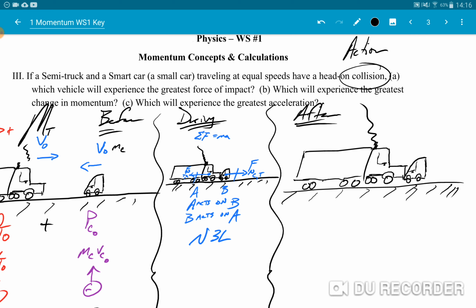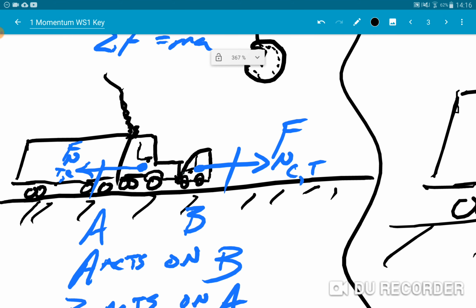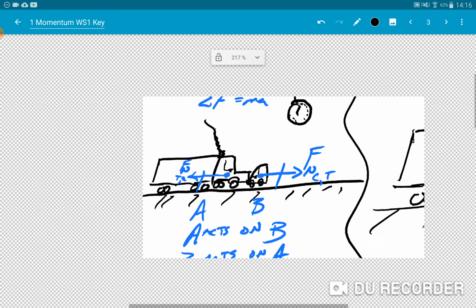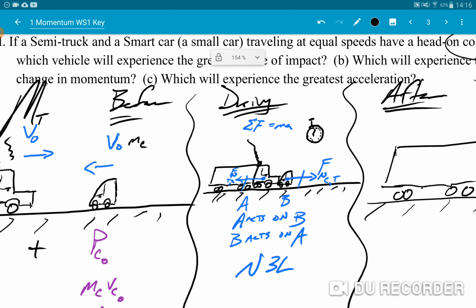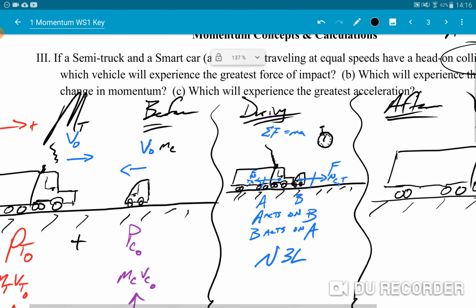Now, if I was an innocent bystander here, and I was going to time this, let's see if I can draw a stopwatch. I had the stopwatch, the old-timey kind that goes around, and I timed this collision of when they were actively colliding into one another. They might bounce off each other afterwards, but when they're actively colliding, and maybe the front of this car is crushing and maybe the truck front end crushes and dents a little bit on the bumper, how long does that collision of crushing those bits take?